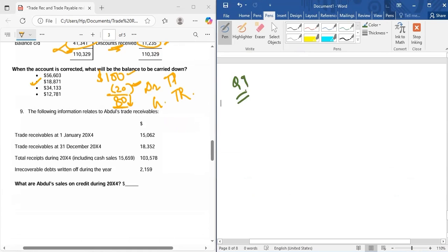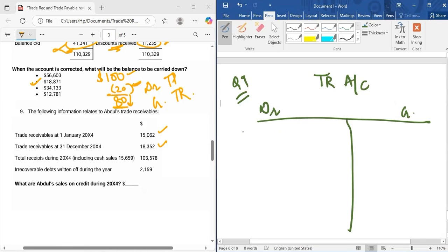The following information relates to Abdul's trade receivables: on 1 January 20x4, 15062; trade receivables at 31 December 20x4, 18352. Okay, so trade receivables account. Let us prepare the trade receivables account. This is the debit side. This is the credit side.